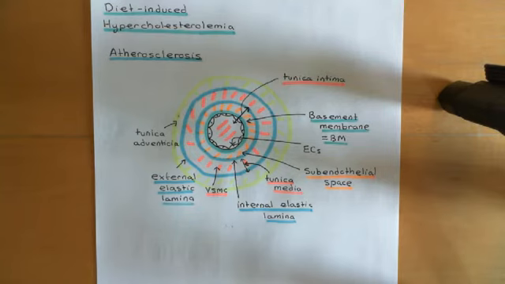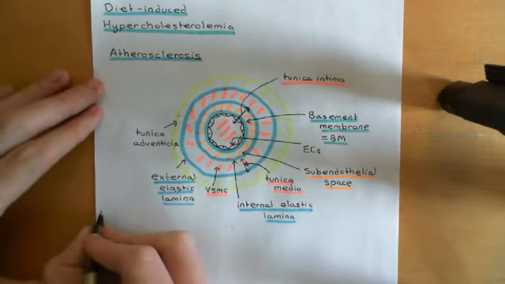Okay, so basically, initially, the thing that actually causes the beginning of the atherosclerosis pathogenesis is damage to the endothelial cells in some way.